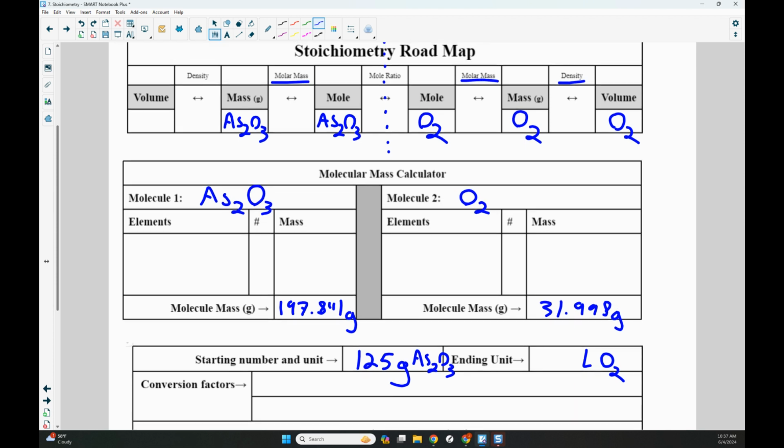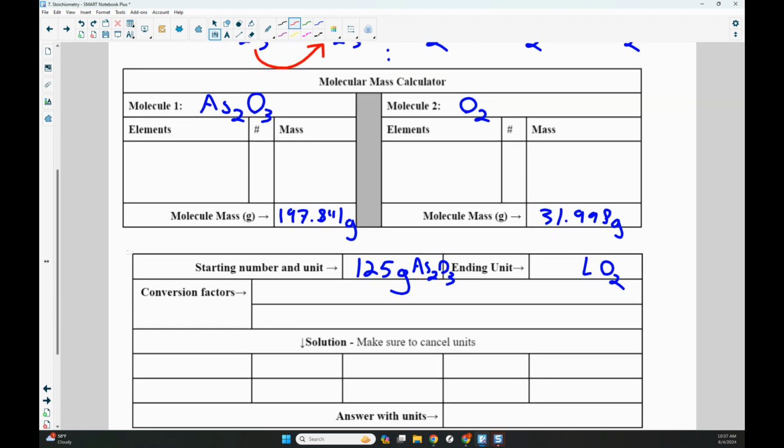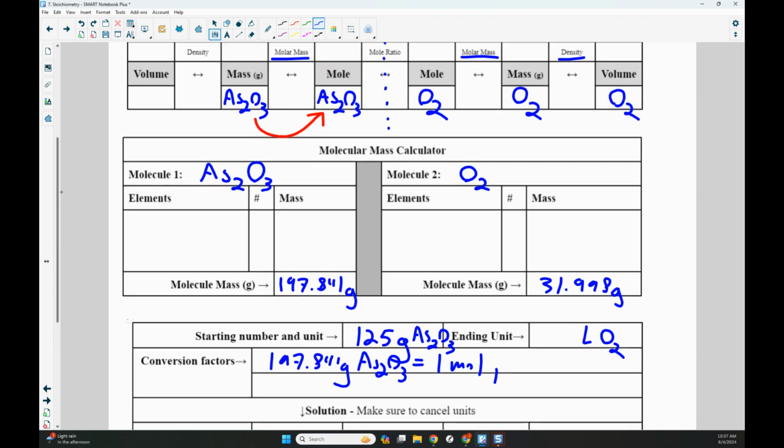And we're going to convert that into moles. That is our first conversion here. So for that, I'm going to need to use my molar mass, which is 197.841 grams of diarsenic trioxide equals 1 mole. So that's going to be my first conversion.